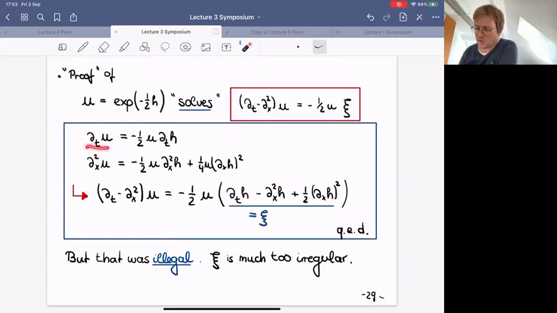So let's get ∂_t u. I use the chain rule. I get a -1/2 u ∂_t h. I do the second derivative. So once both derivatives hit the h, I get this term out here, and then once I have the exp and hit the exp again, I get this here with a ∂_x h squared. And if it was too quick, you can do the calculation.